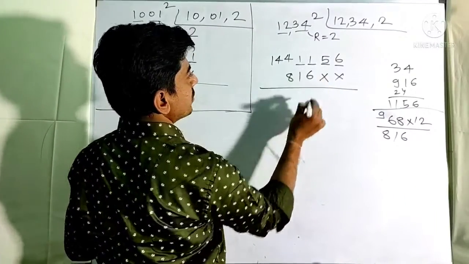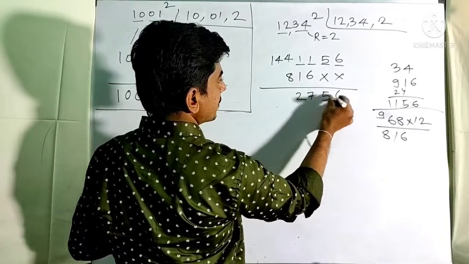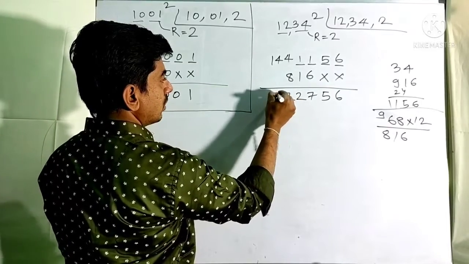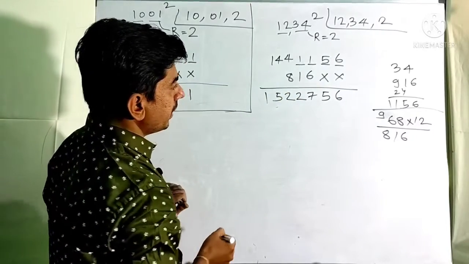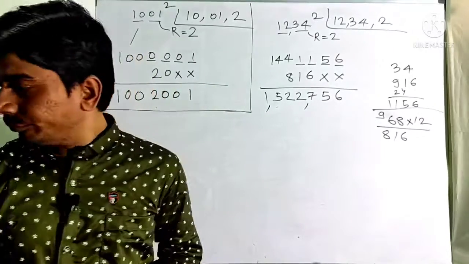After leaving 2 digits we are going to write it 2756. From here no carry-ons, and after that the answer will be 1522756.